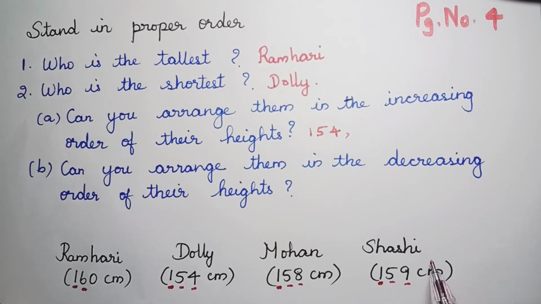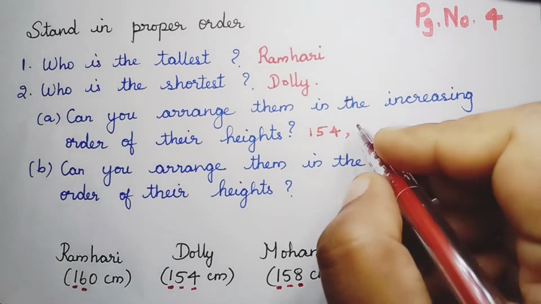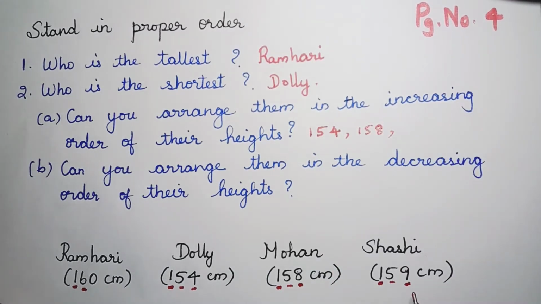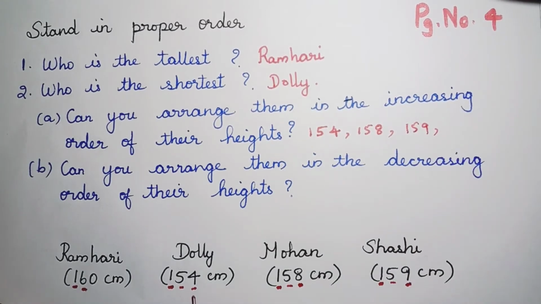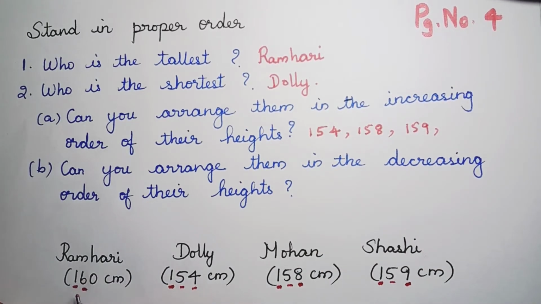Mohan or Shashi? 8 is the smallest one compared to 9. So we have to choose Mohan as the next person. So 158 is the next value. Then 159 will be the next value. All the terms with the second digit 5 have been sorted here. So the remaining person is Ramhari with 160 centimeters height.